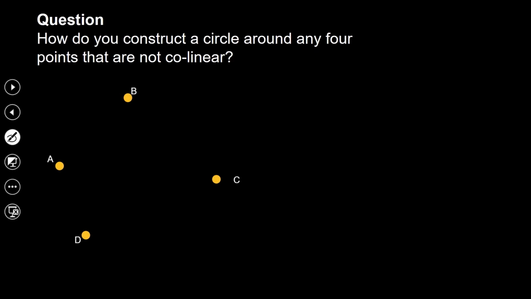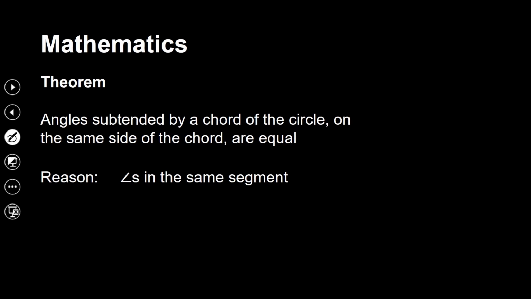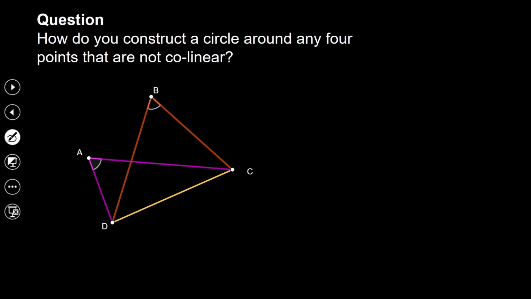But let's see exactly what I mean. An angle subtended by a chord of a circle on the same side of the chord are equal. Remember, that is angles in the same segment. So meaning, if I join those points such that I have this angle equal to that angle, I will then construct a perpendicular of this line and a perpendicular of this line as well, using the very same thing that we spoke about, and that will be my center.